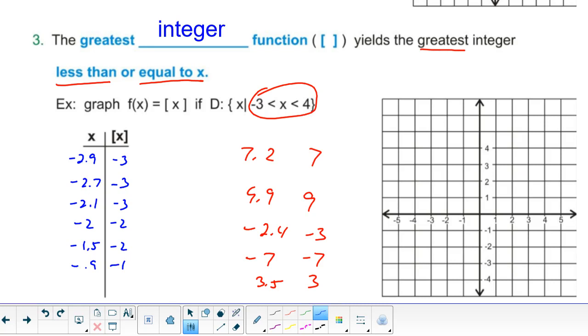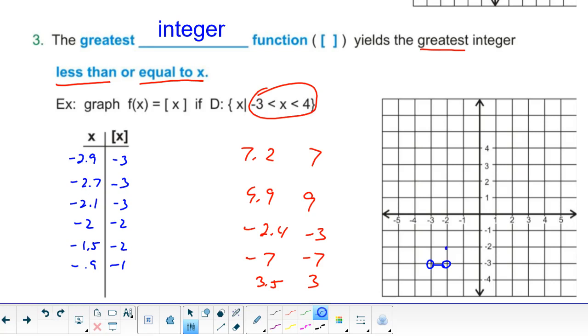How do you graph that? Watch, this is interesting. They take steps. My domain can't quite reach -3, so I have to use a circle. Between -3 and -2, but not including -2, the answer is -3.